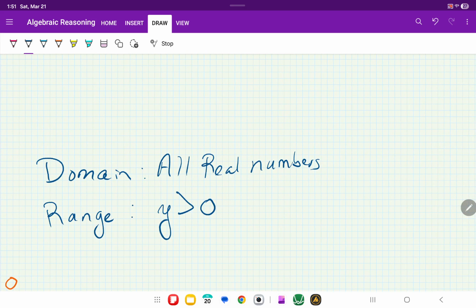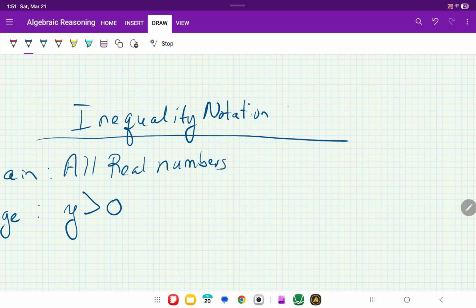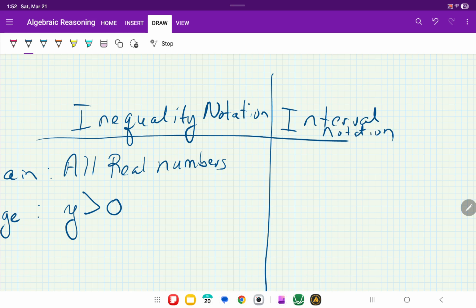So this is inequalities. Mathematicians prefer what is called interval notation, because these are easy to type on the keyboard.